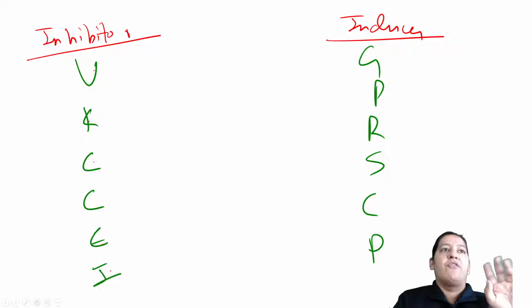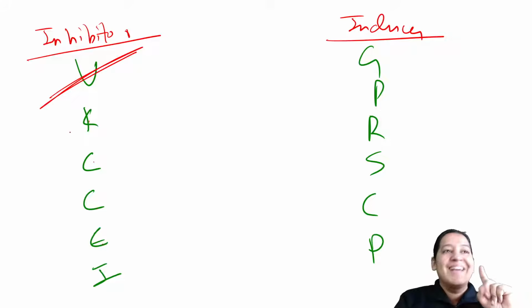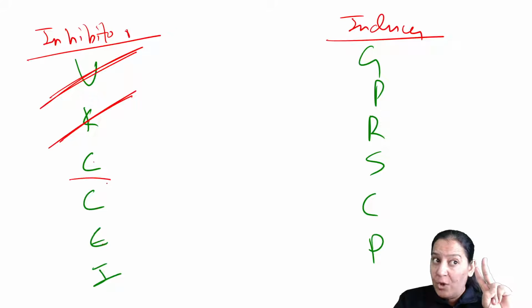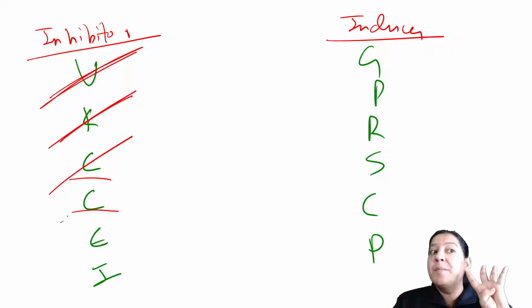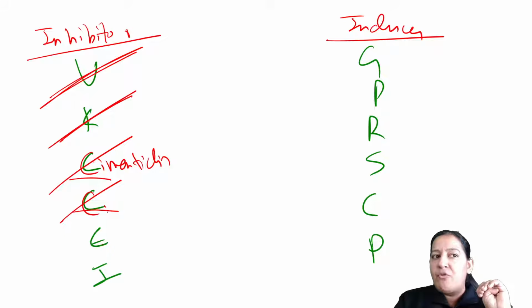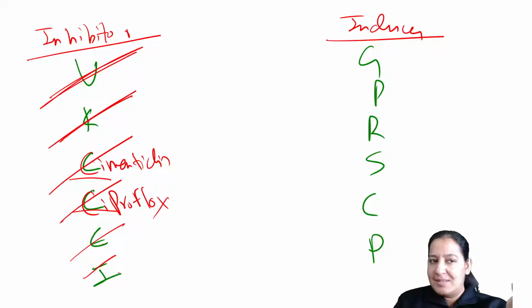Say the full form. V for valproate, K for ketoconazole, 2C: one is cimetidine, one is ciprofloxacin. E is erythromycin and I is INH, that is isoniazid.